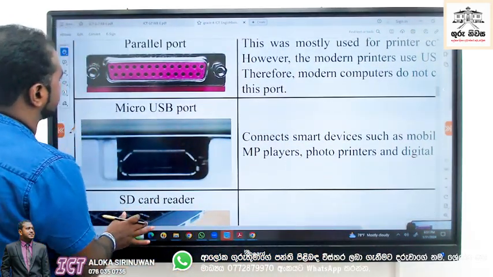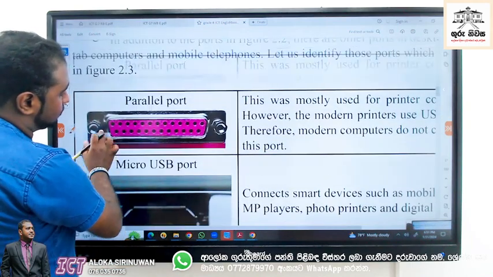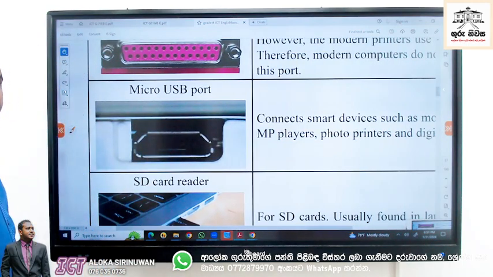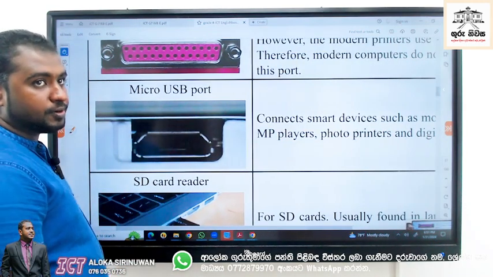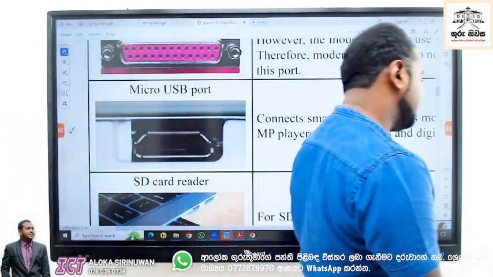This is the micro USB port. Micro USB port. Amika, open your camera.